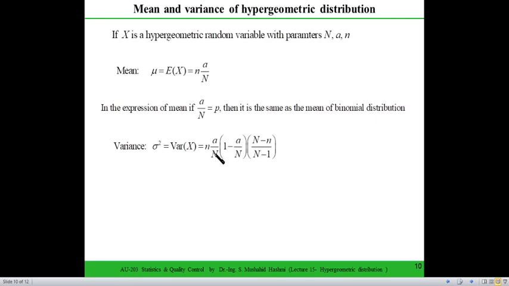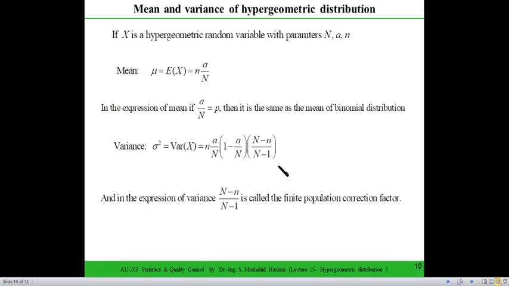Here n is this, p is this, 1 minus p is q, and the extra term, capital N minus small n divided by capital N minus 1, is a correction factor. npq is the formula for the binomial, where you are effectively replacing, but here it is without replacement.